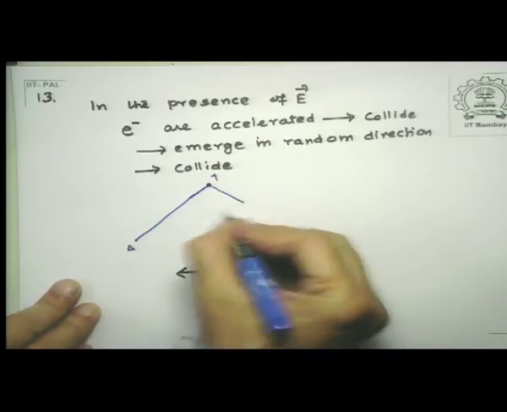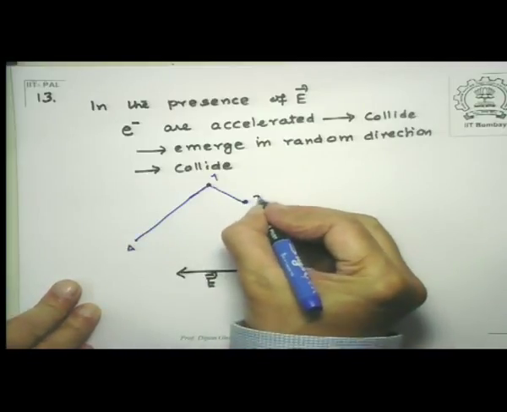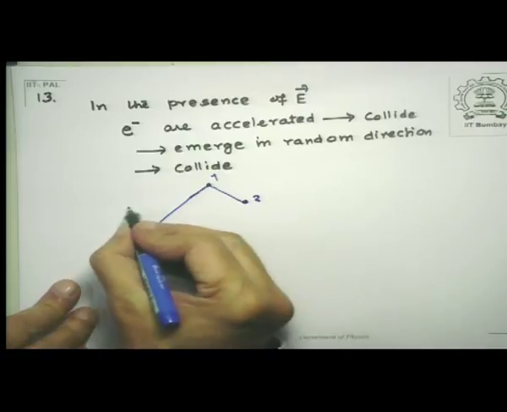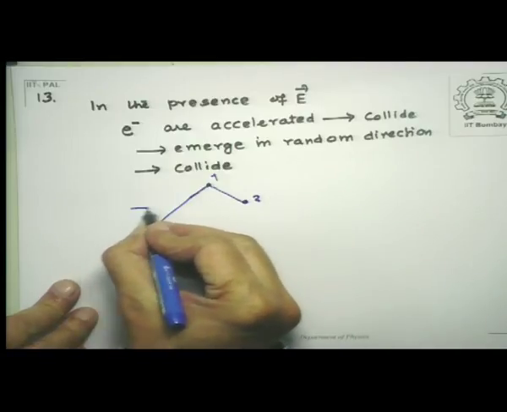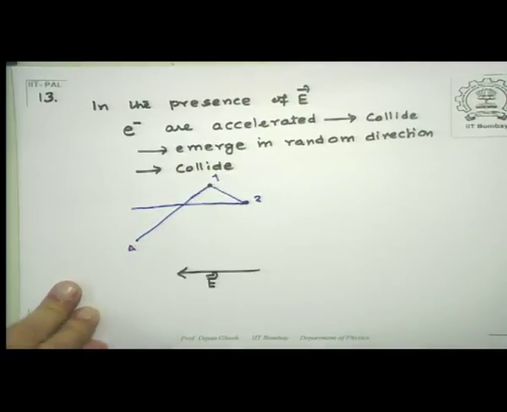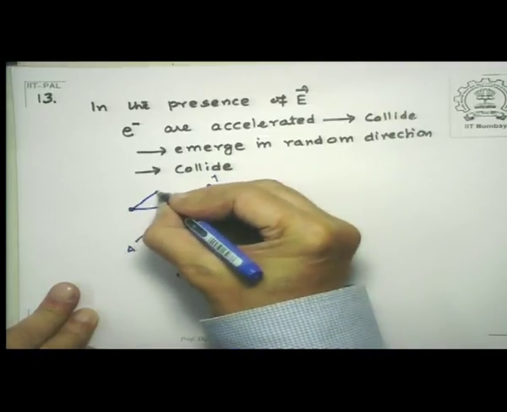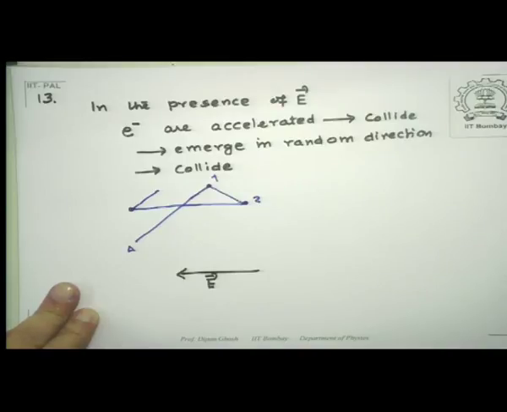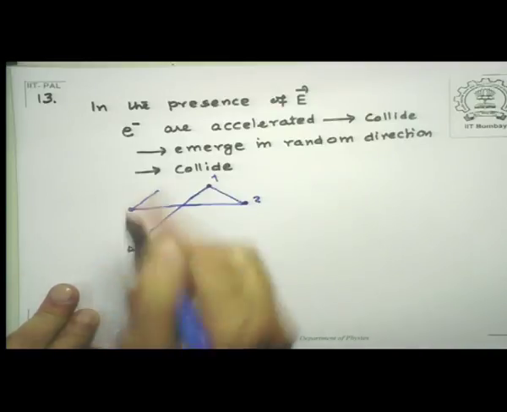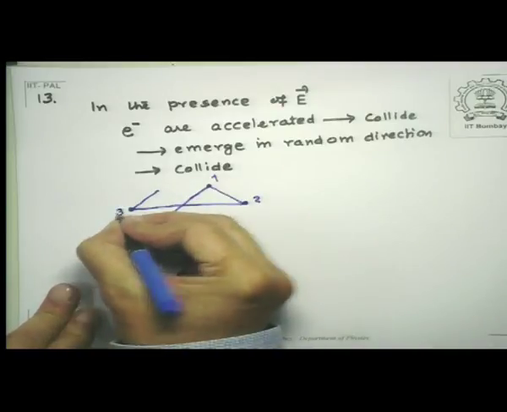And then of course it has a second collision, and let us suppose this time it is directed like this. Undergoes a third collision, let us suppose this time it is, I am trying to draw essentially a random figure. So this is 3, this is 4.